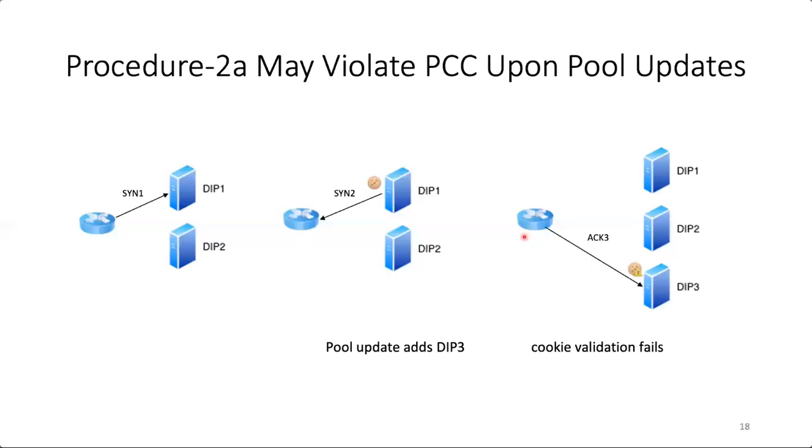Later, when the ACK3 packet for this connection comes, the load balancer will forward it according to the hash of the headers to DIP3. Because the load balancer does not have any mapping for this connection, DIP3 will simply discard this packet, and the connection will break.